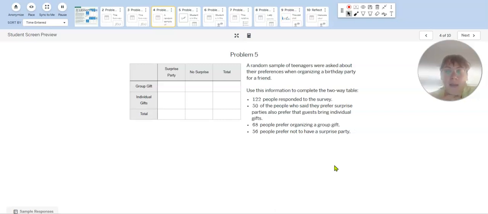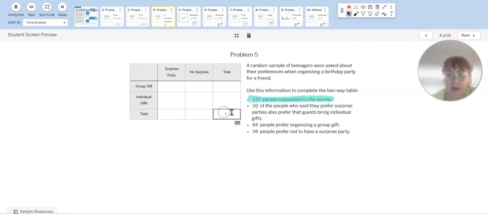A random sample of teenagers were asked about their preferences when organizing a birthday party for a friend. We're going to use this information to fill in this big two-way table. So notice the categories are, would you rather have a group gift or get an individual gift? And do you want a surprise party or no surprise? 122 people responded to the survey.